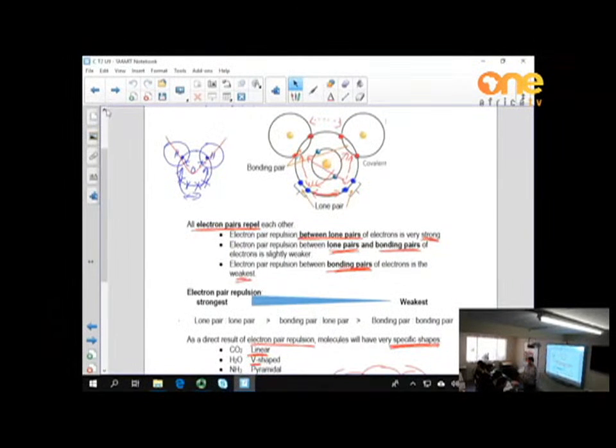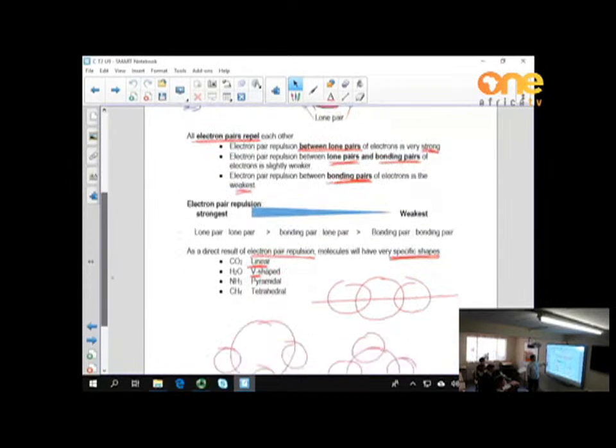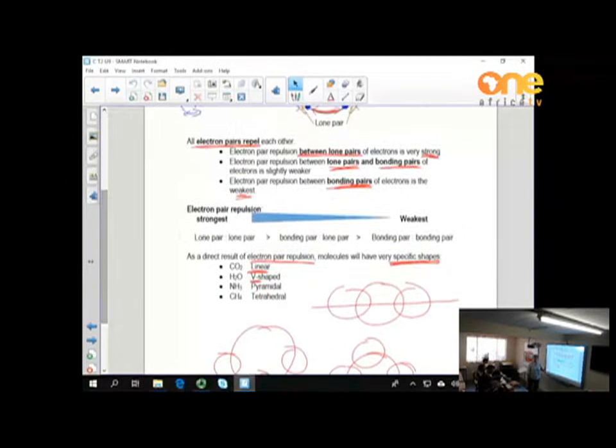Friends, in the last session we had a look at the different shapes that molecules can have, and we said, just very basically, to recap, that covalent compounds can be divided up into specific shapes depending on how many bonding pairs of electrons and how many lone pairs there are on the center atom.